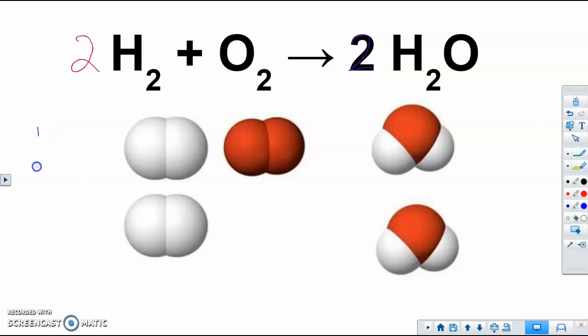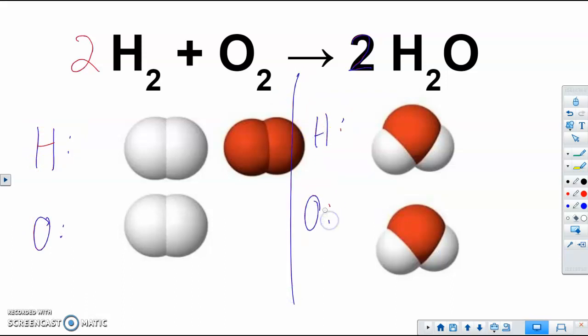Now if we count these up, we'll see that we have 4 hydrogens on the left side in our reactants, 2 oxygens. Over on our product side, we now have 2 molecules of H2O. So you've got 4 hydrogens, 2 oxygens. Now, this equation is what we call balanced, and it follows the law of conservation of matter.